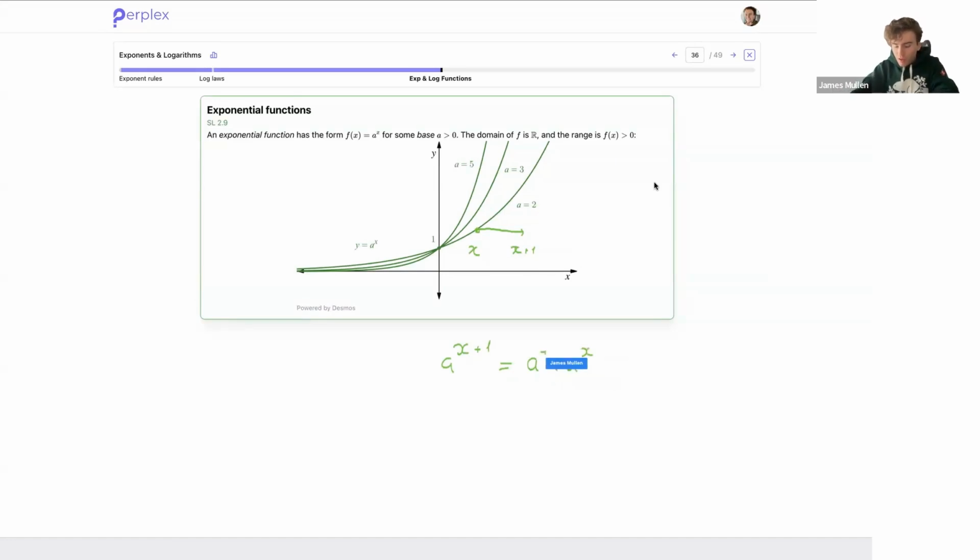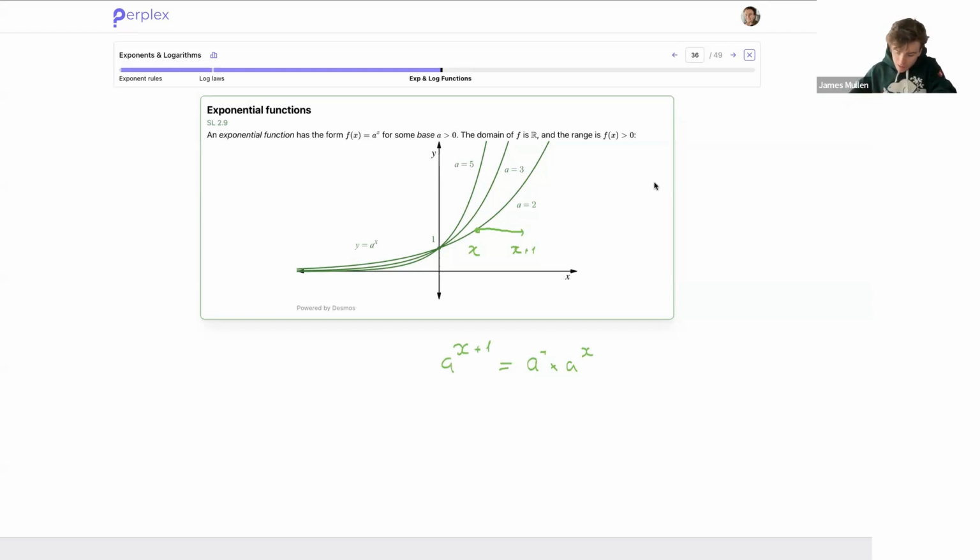Okay, that's a to the 1, which means every time I go over by 1 to the right on the curve, I'm going to go up times a. I'm going to multiply by a. And that's the defining behavior of an exponential function, which is that its vertical component gets multiplied for a constant shift in the horizontal position.